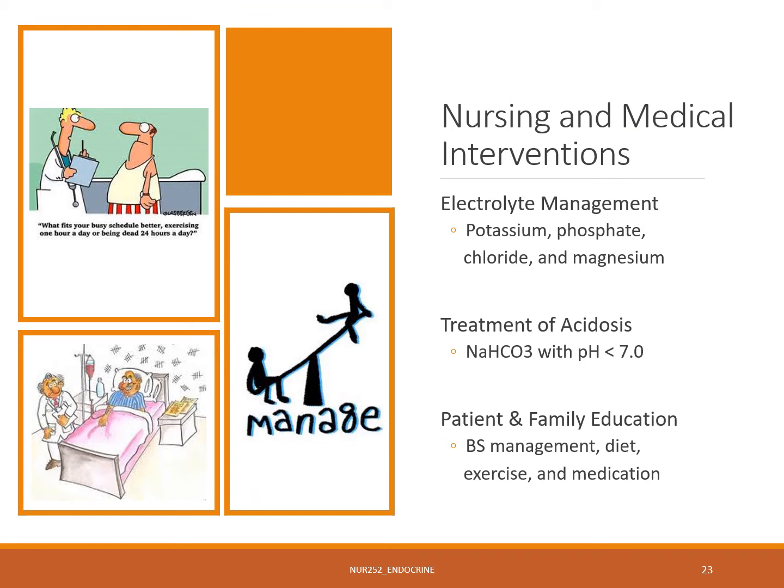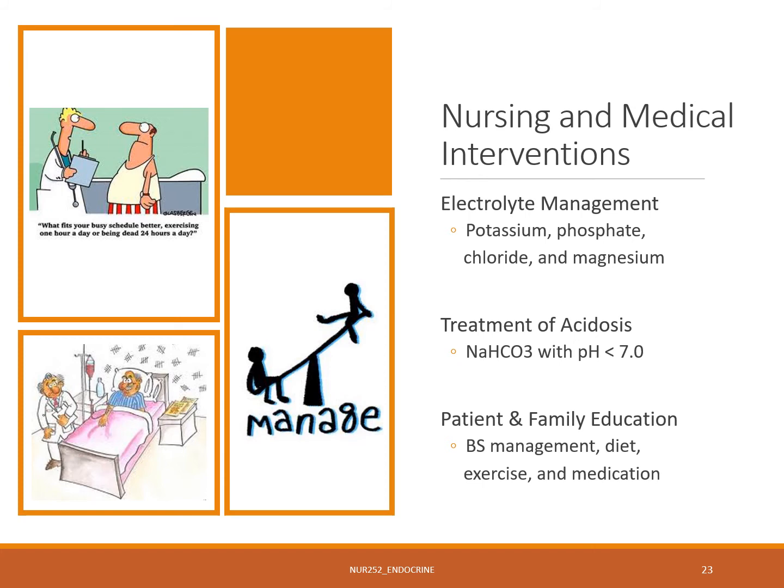Potassium, phosphate, chloride, and magnesium replacement may be required, especially during insulin administration. Osmotic diuresis in DKA and HHS results in total body potassium depletion. The potassium deficit may be greater in HHS.